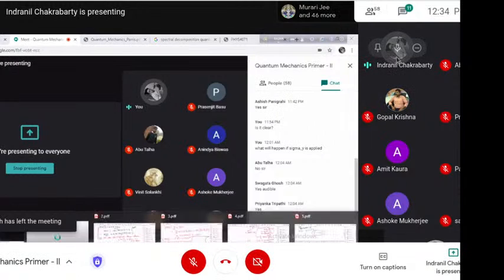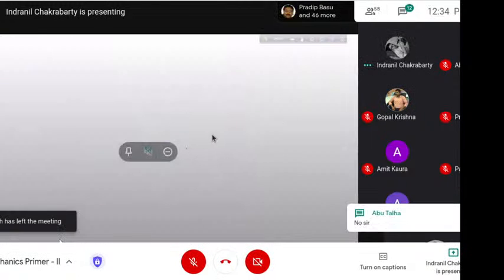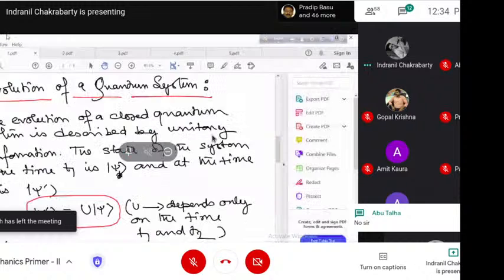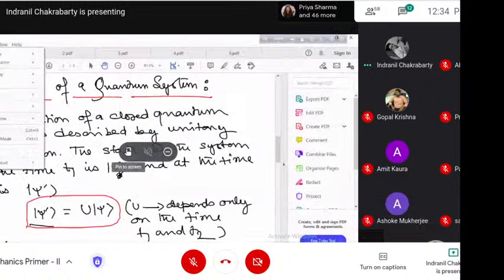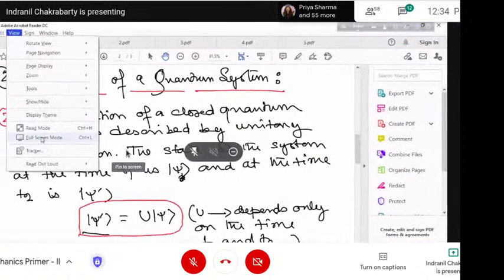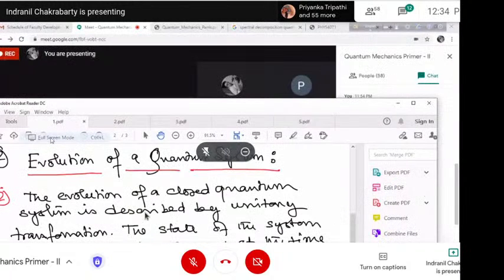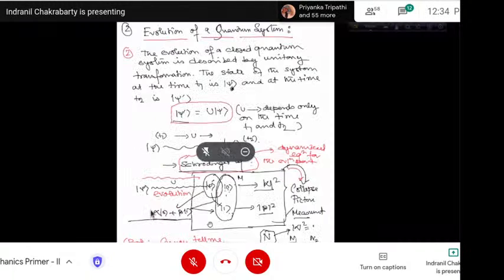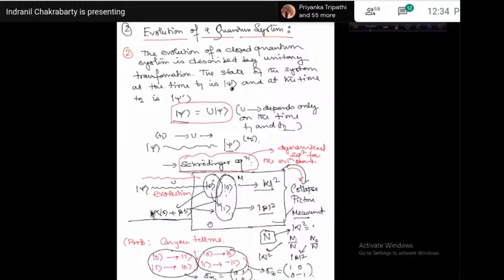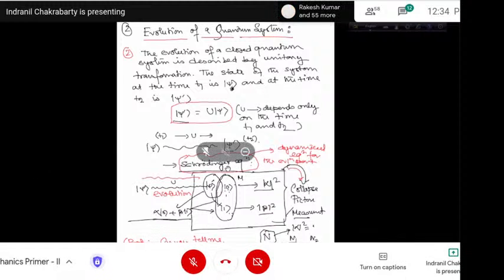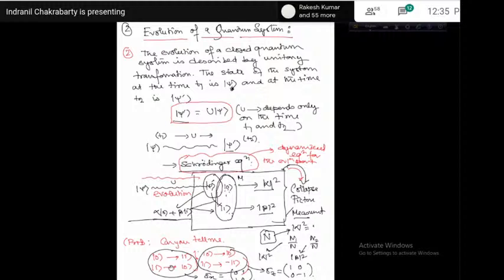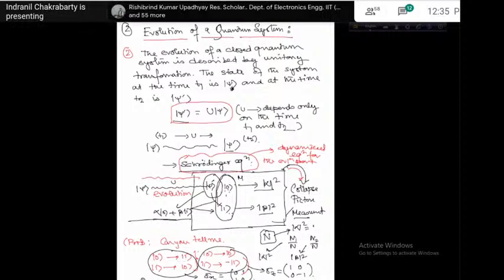Here in this example, I have shown you that when sigma x is applied on 0, it will give you 1, and when applied on 1, it will give you 0.